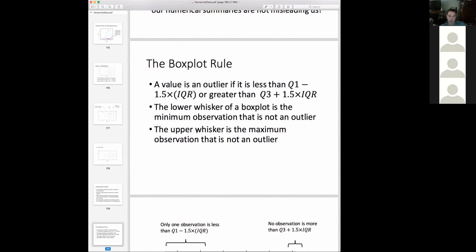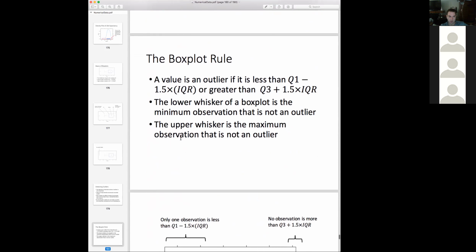If there are any numbers in your data below Q1 minus 1.5 times the IQR, or above Q3 plus 1.5 times the IQR, those are considered outliers, and we can represent them by a dot, like R does. If you use some other programs, they might represent those outliers differently, by a star or something, but R uses a dot.